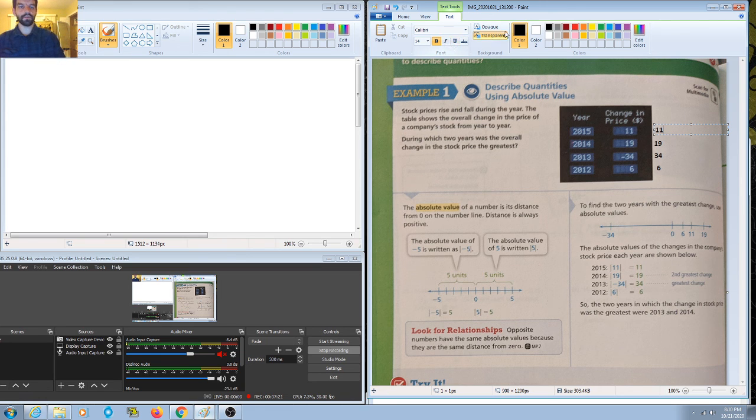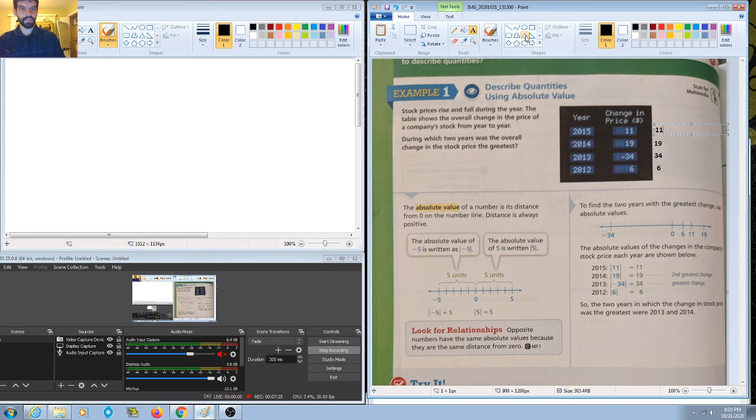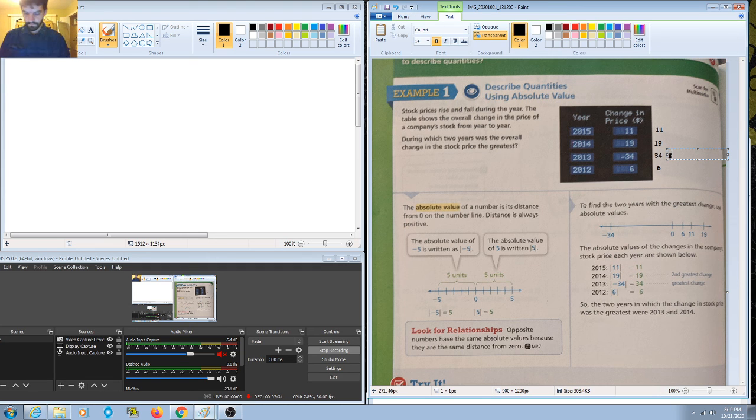So the two with the greatest changes in price in the year was, this was the greatest change. And 2014 was the second greatest. Okay.